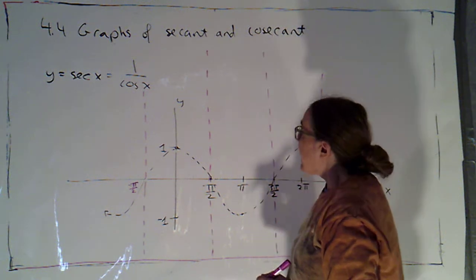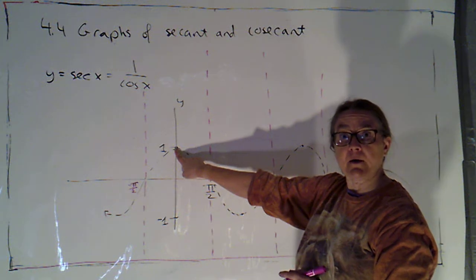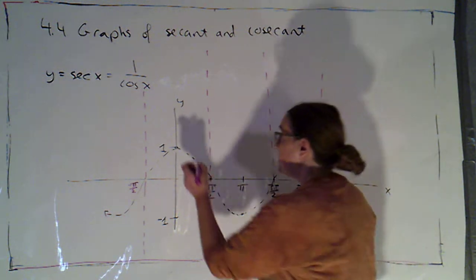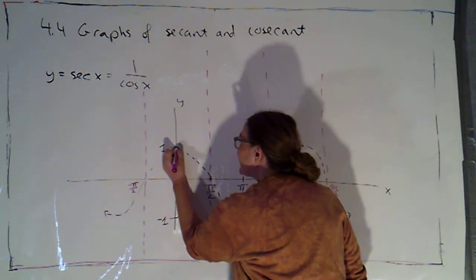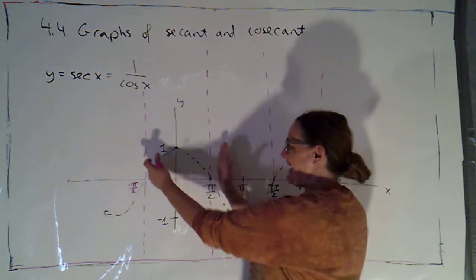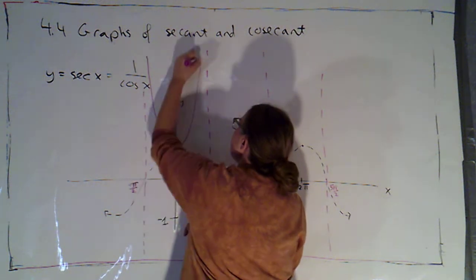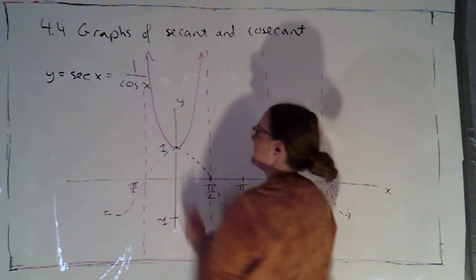The smallest value of secant will be the reciprocal of 1, which happens to just be 1. So that's the one point that's going to be on the graph of both cosine and secant in this interval. And secant's going to look something like this.